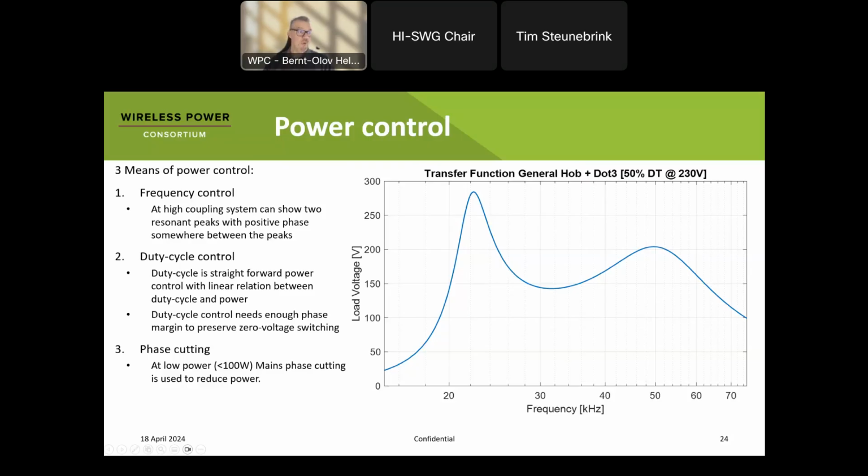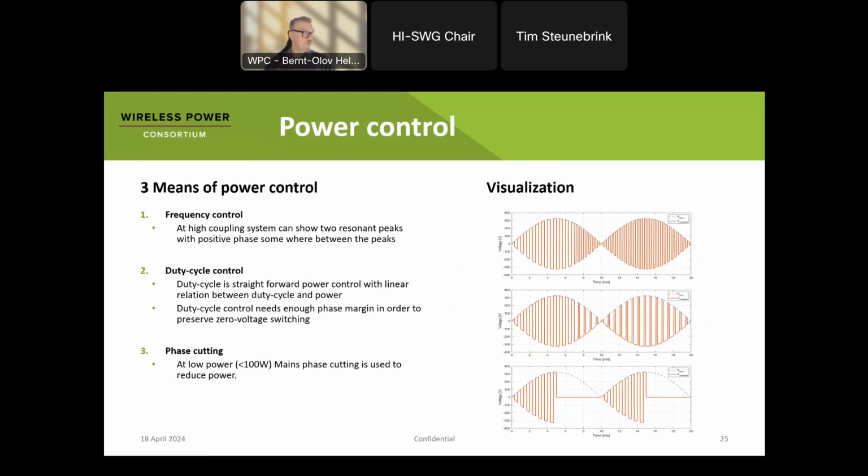To do this, you have three means of power control: the frequency control, dynamic duty cycle control, and also phase cutting. So what is that? So the frequency control is basically controlling the frequency. The switching frequency is not the 50 hertz, so it's controlling the frequency to the coils.